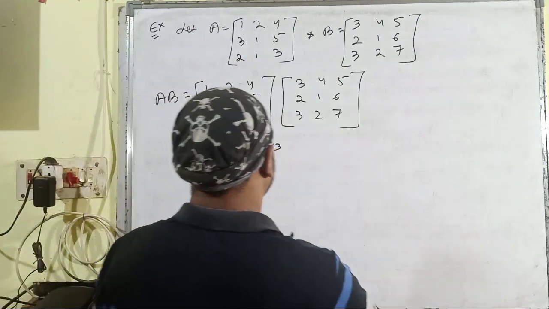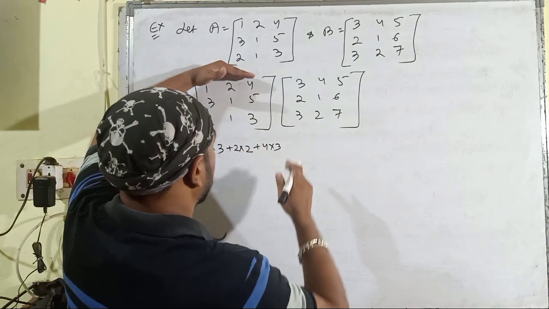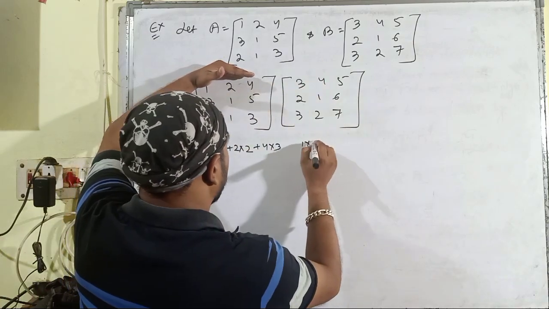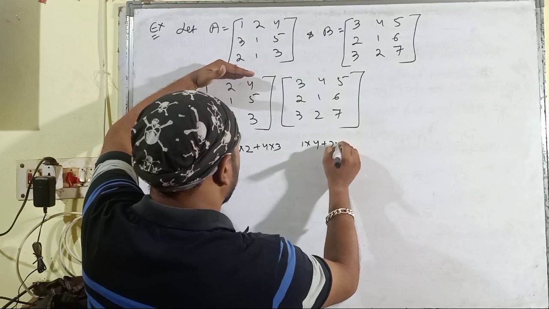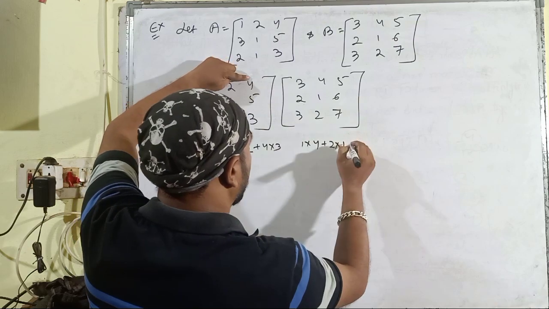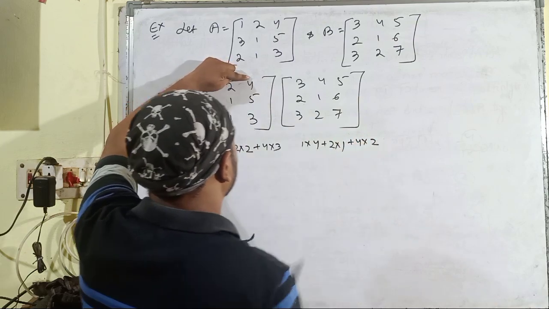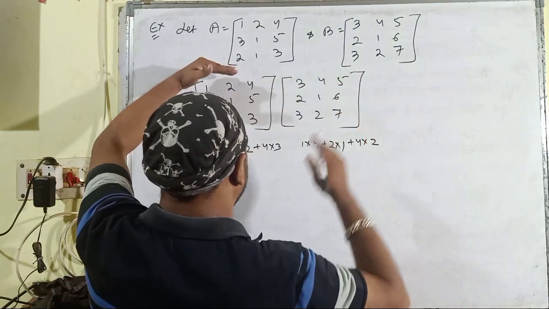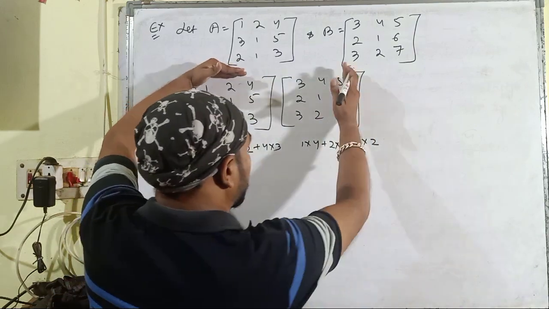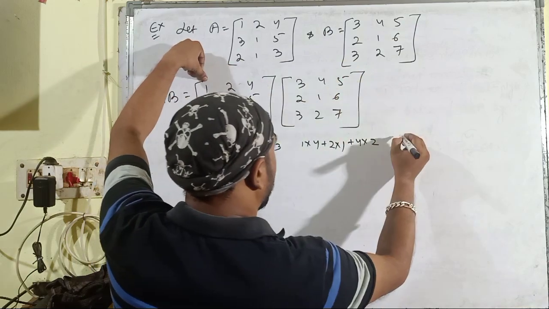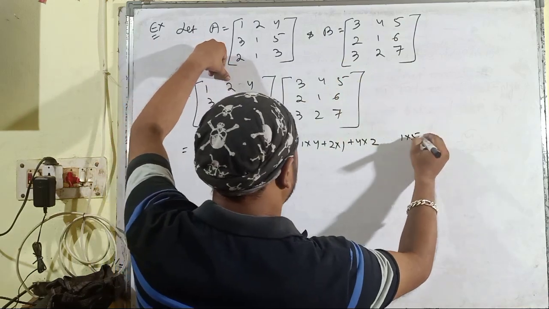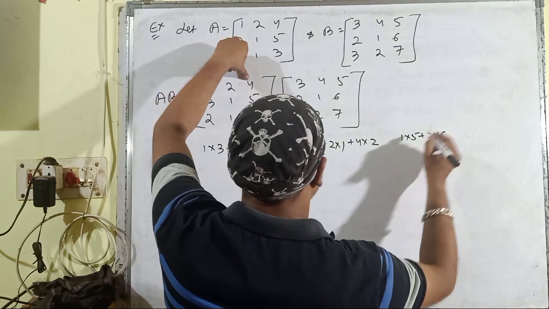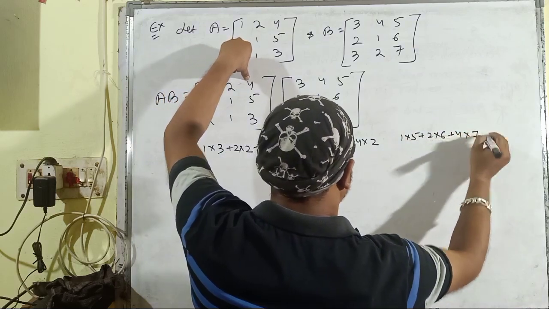Then we go to the right side part: 1 multiplied with 4, 2 multiplied with 1, then 4 multiplied with 2. Then the same row will be multiplied with the third column, that means the corresponding elements of the first row and third column. So it is 1 multiplied with 5, 2 multiplied with 6, then 4 multiplied with 7.